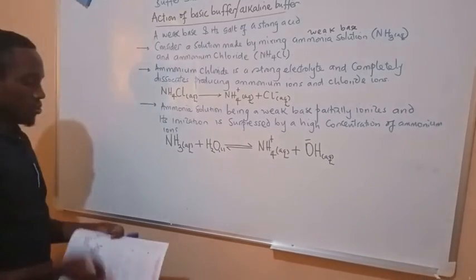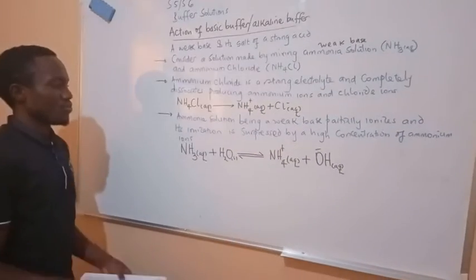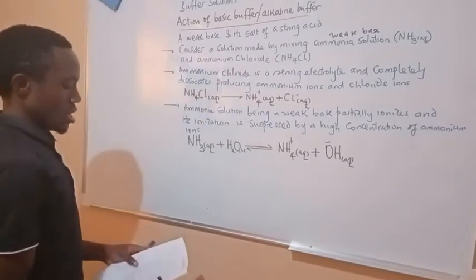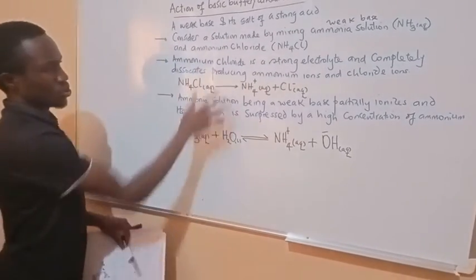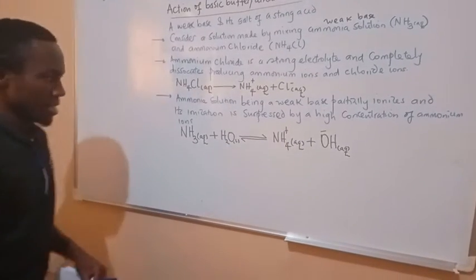Right, so that is what we are having. We've got the equations for the dissociation of the strong electrolyte and the dissociation of a weak base.